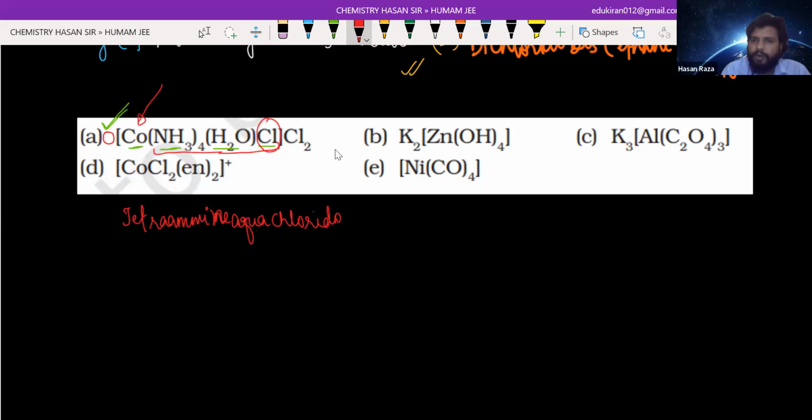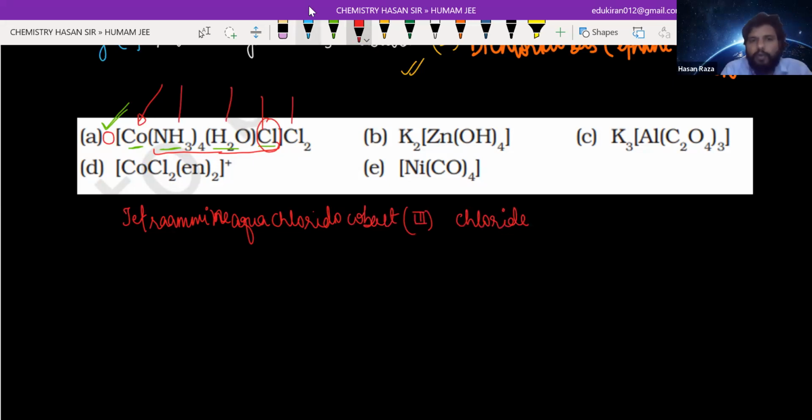The complex is not an anionic complex, neither is it positive, so it will be cobalt. Then calculating the oxidation state: this is 0, this is 0, this is -1, this is -1 into 2, so it becomes 3. And at last there is a negative counter ion, so you just need to write chloride.